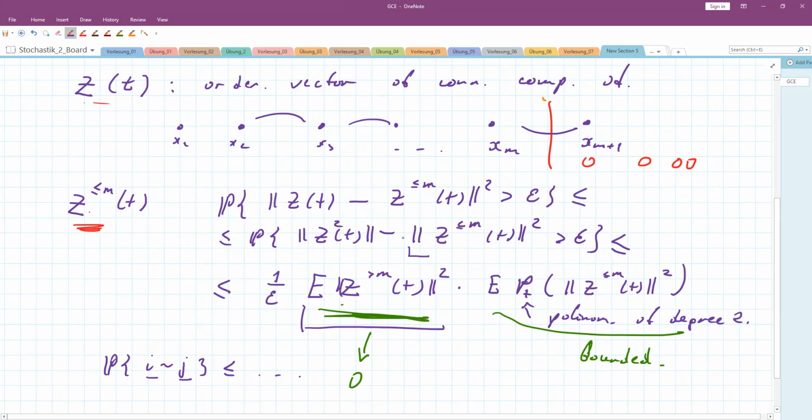You mean now we consider that vector, we just truncate it by just considering m vertices, right? Surely, and then we are interested when m goes to infinity. Yes, how fast? Yes, exactly.